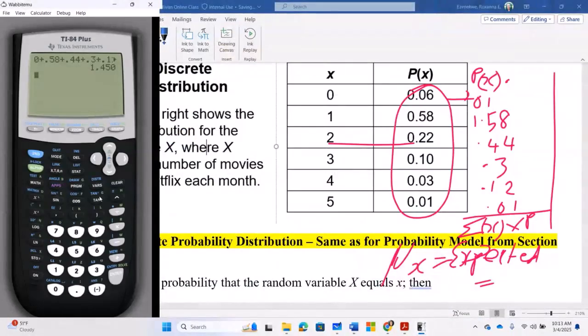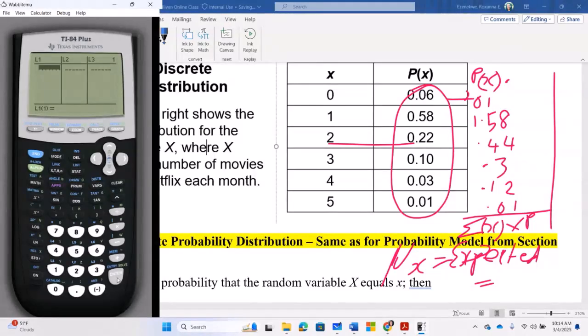So I'm going to pull my calculator up now, go to stat and edit. I'm going to clear everything I have in L1, every list. I don't want anything in the list. Clear L3, clear L2, also clear L1. Now I will put in all the random variables.